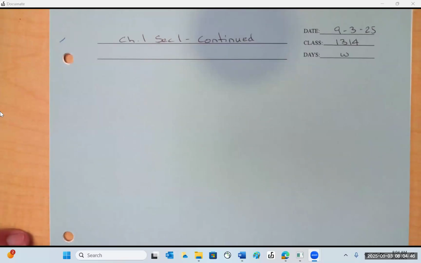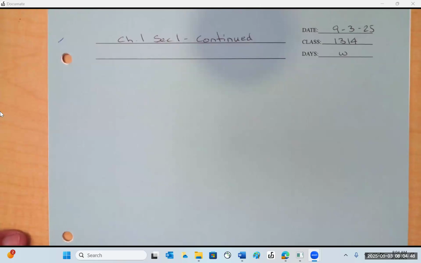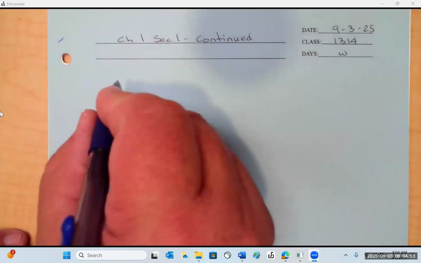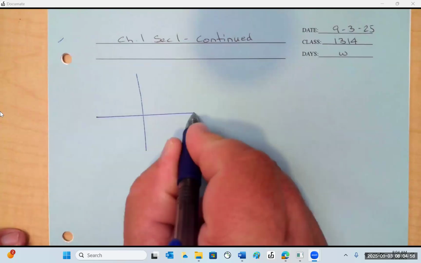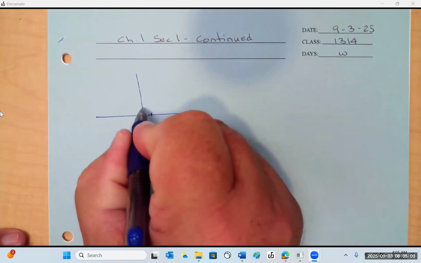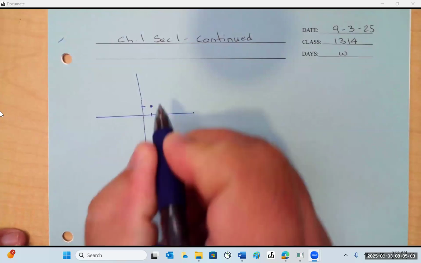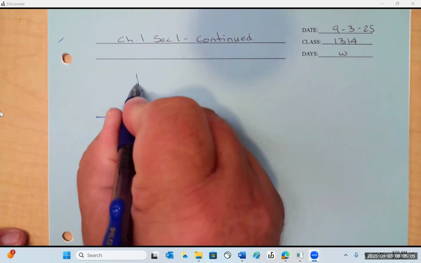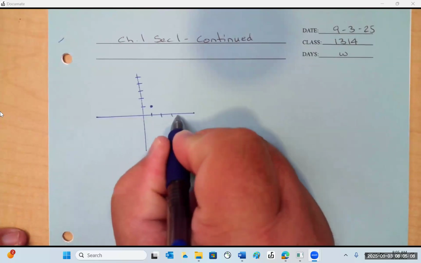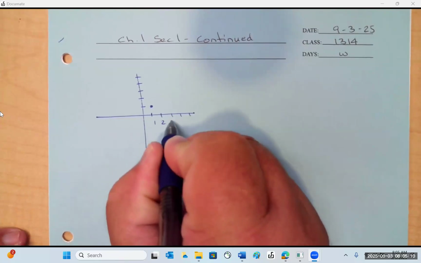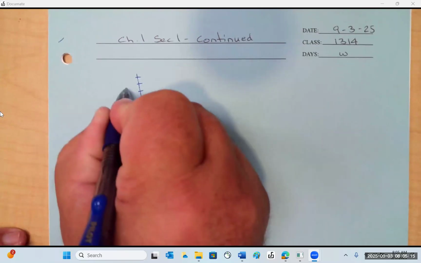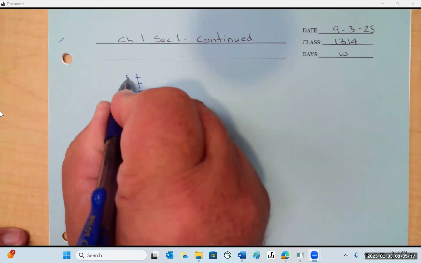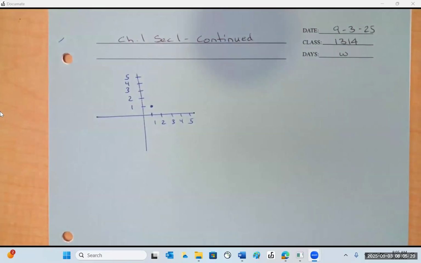All right. Last time we talked about the Cartesian coordinate system, the XY graph. I waited as long as I could.